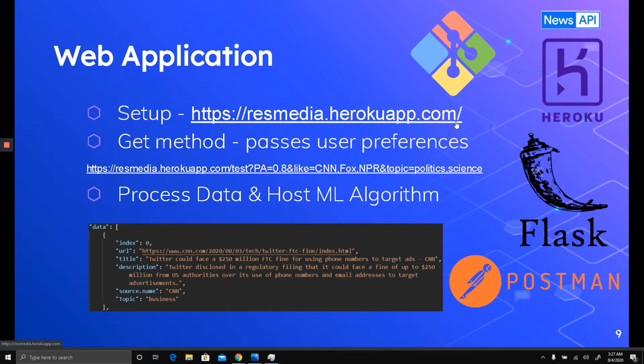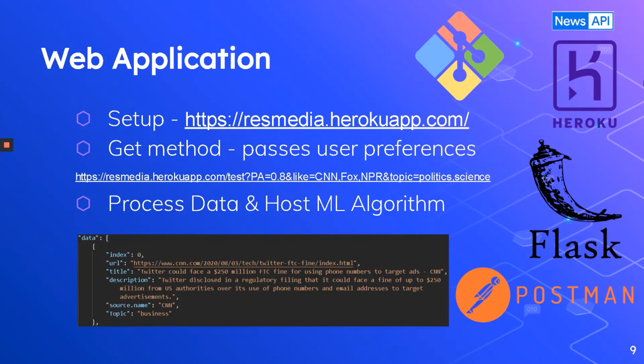We have it set up this way so that, at least for the first iteration, the user is able to get 5 articles, because at that point we don't have any data collected from the user. Once we collect user preferences, we use another get method set up from this example below, and we collect PA, which stands for political affiliation.